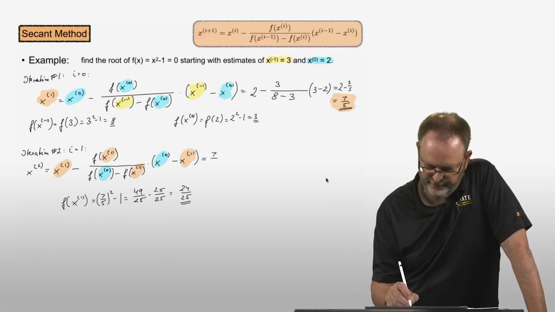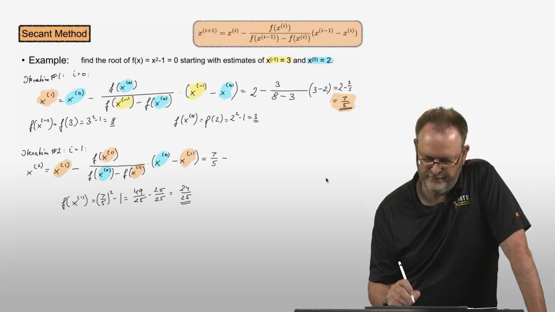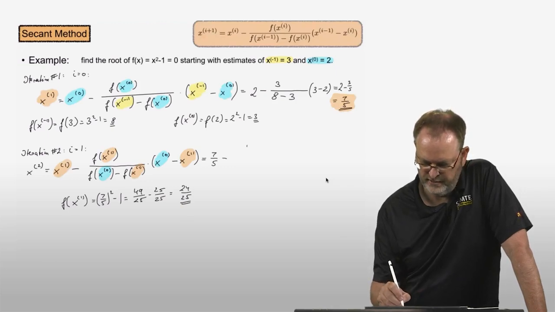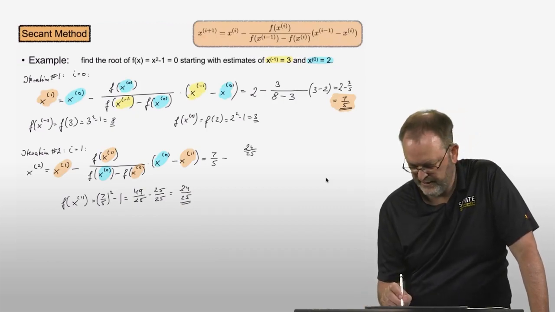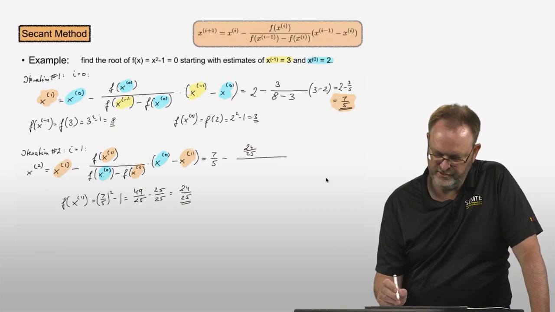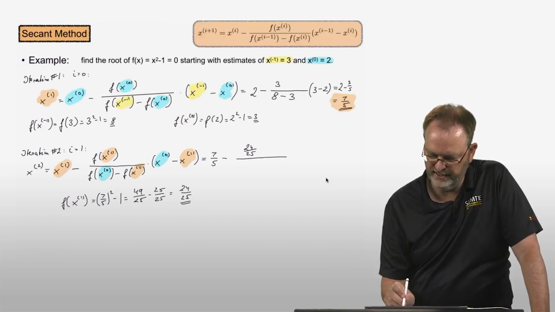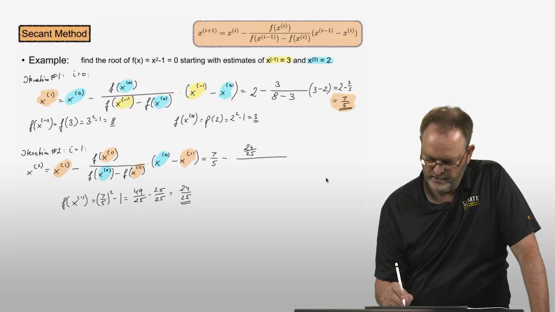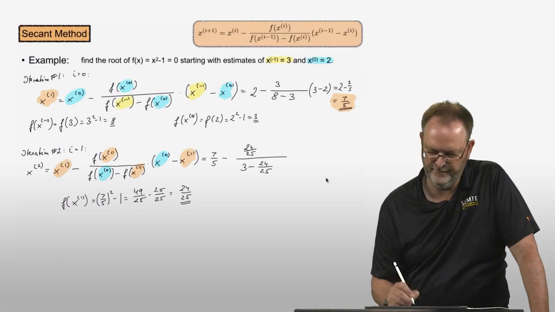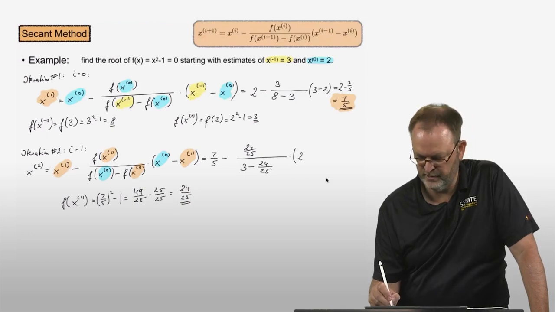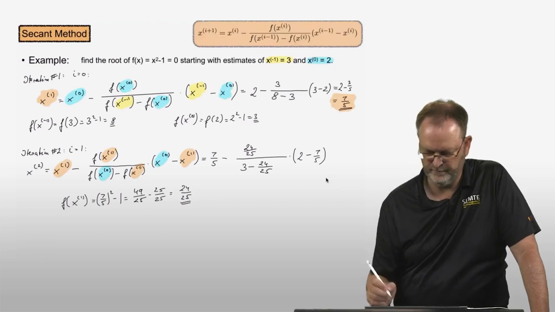So we got 7/5 minus f of x1, which was 24 over 25, divided by f of x0, which was over here, so that's my 3, minus f of x1, that was 24 over 25. And this times x0, that was 2, minus x1, that was my 7/5.